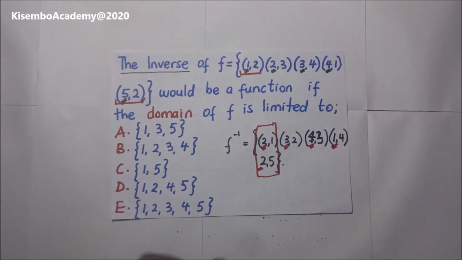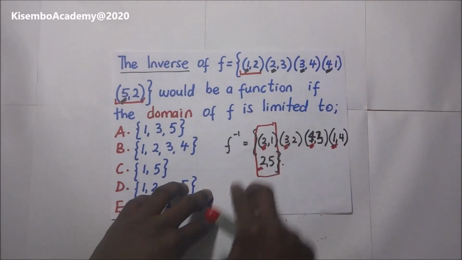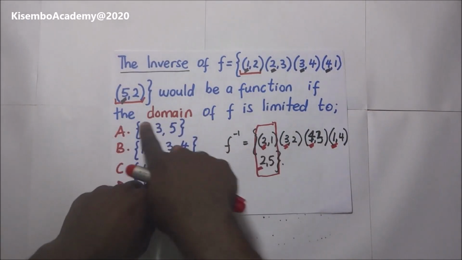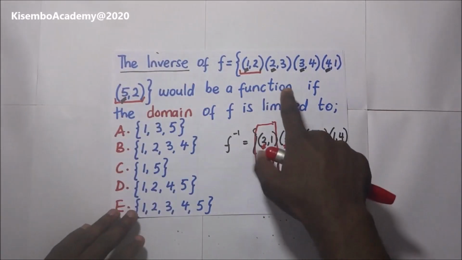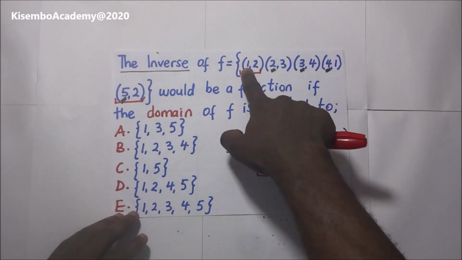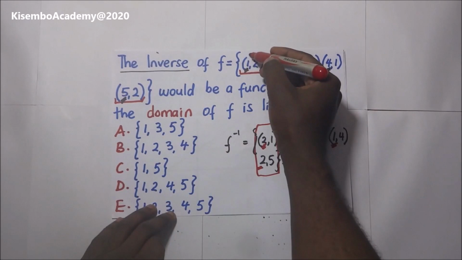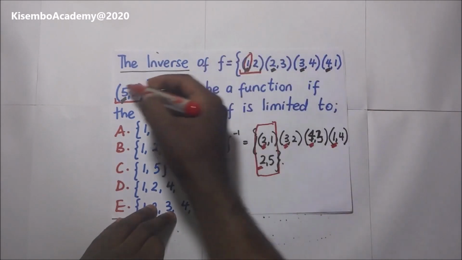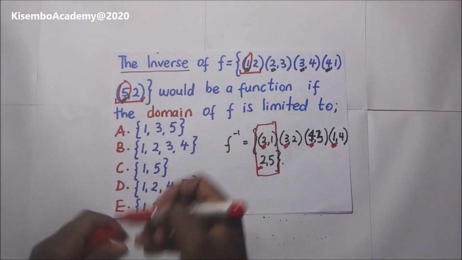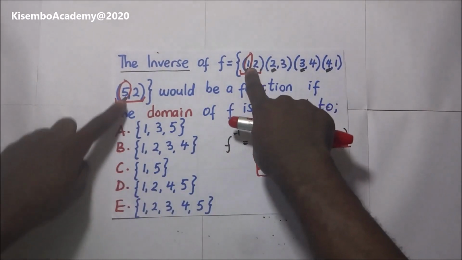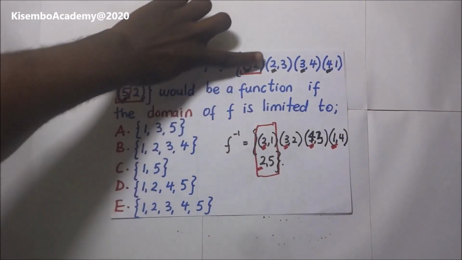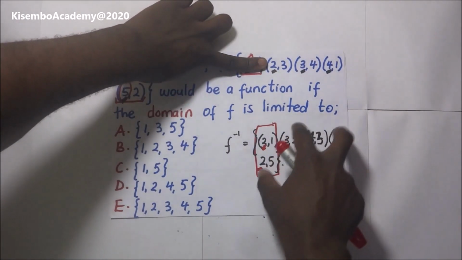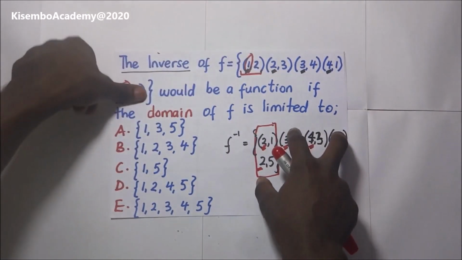So the domain of f should be limited by eliminating either 1 or 5, one of those two. If we eliminate one of them and therefore kill this point, the inverse would be a function, or we eliminate the other.